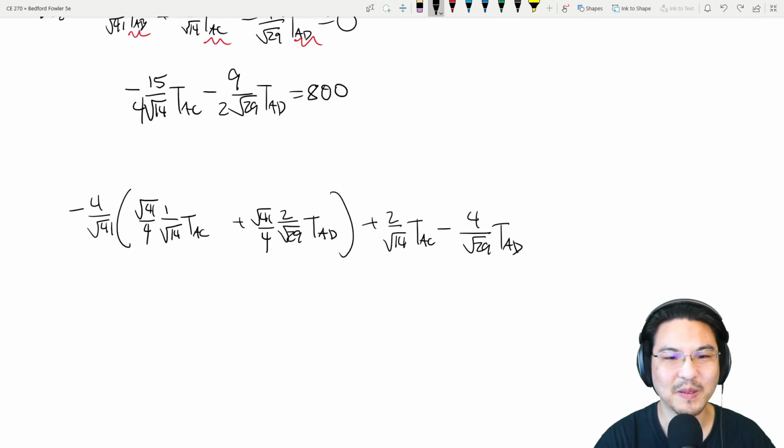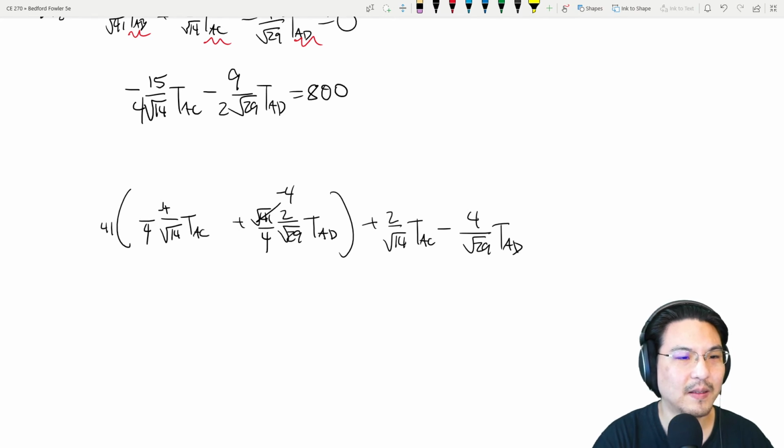And then let me do the same for this one. Let me clean this up a little bit. So you see here, root 41, so that cancels here, here, here, and then see the negative 4. So negative 4, negative 4, so then like that, negative 4 and 2, so negative 8. Okay, and then negative 4 over 4 is negative 1. And 8 over 4 is 2.